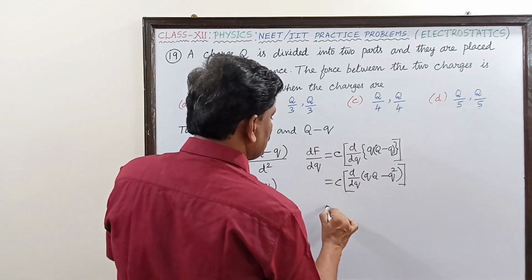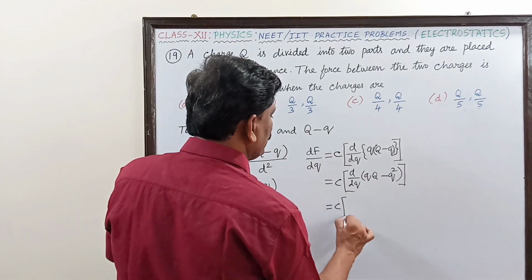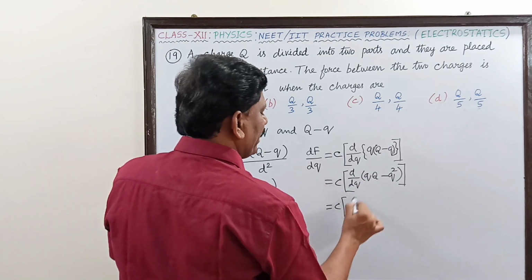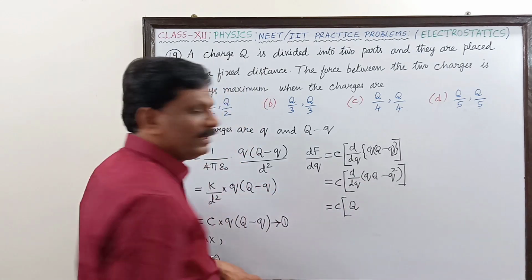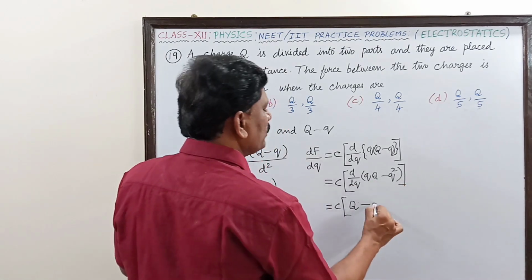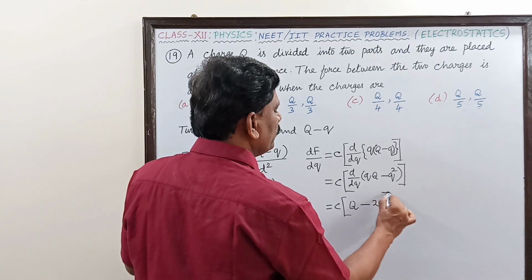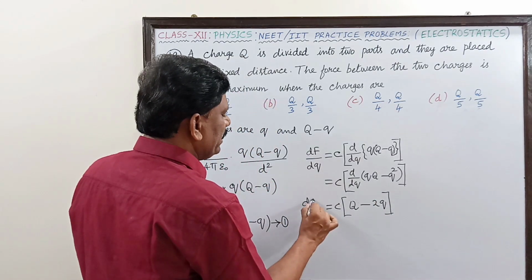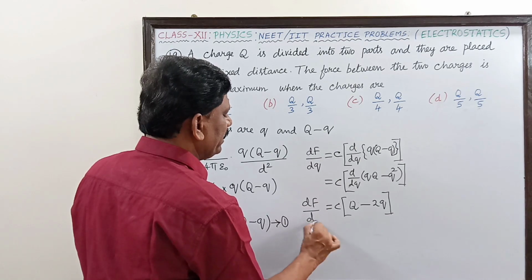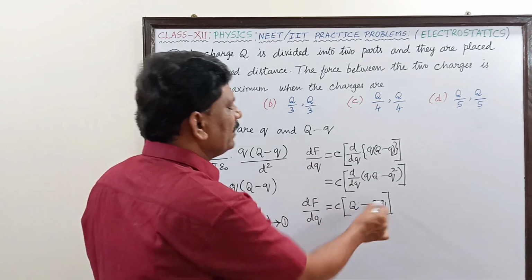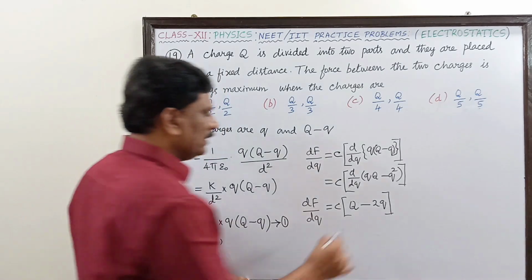So once again this is equal to constant C into d by dq of q capital Q, which is capital Q, minus d by dq of q square, which is 2 small q. So dF by dq is equal to C into capital Q minus 2 small q.